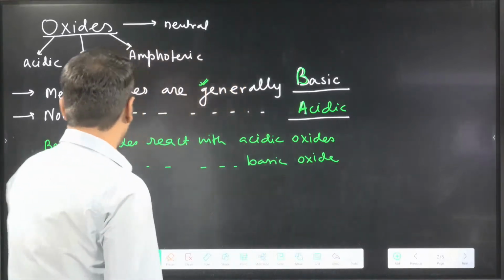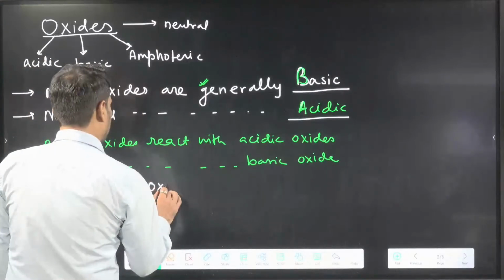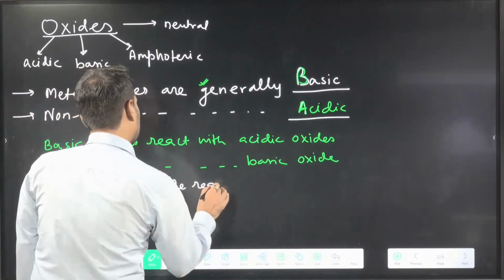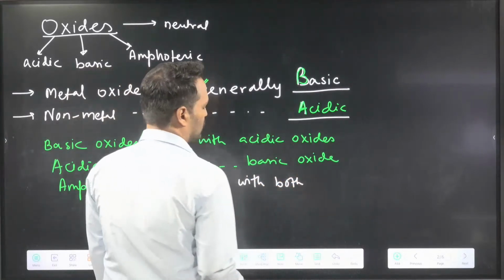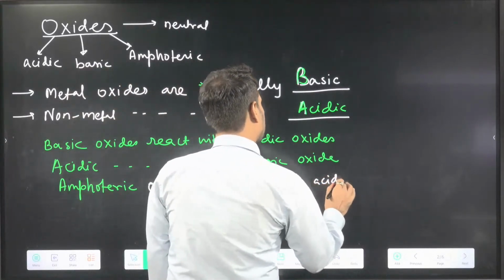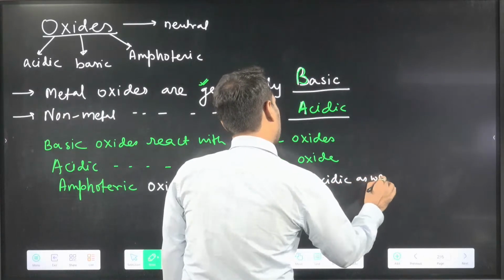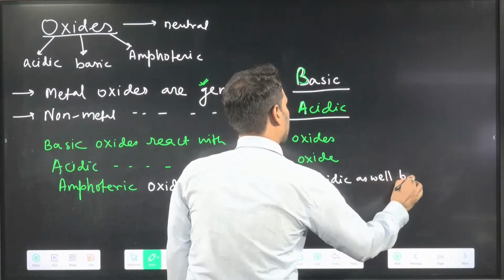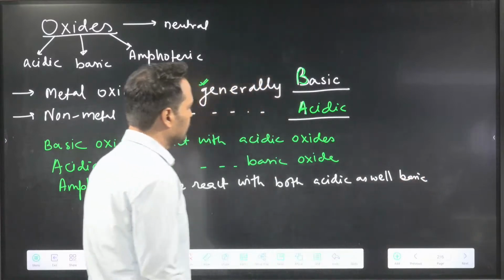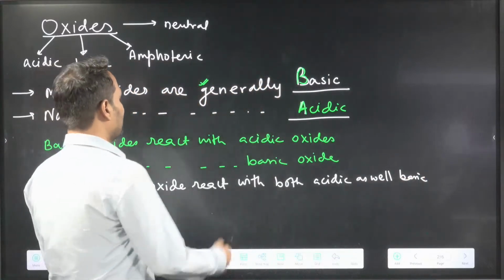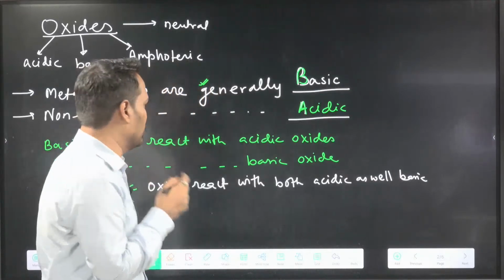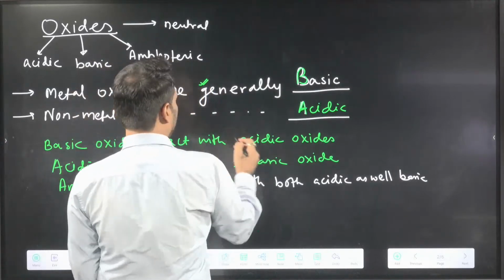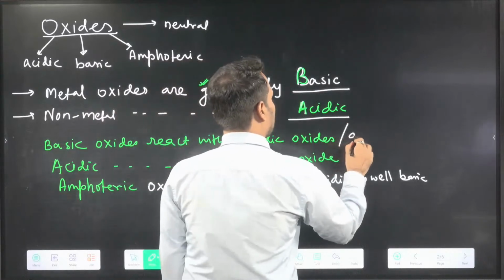Amphoteric oxides react with both acidic as well as basic. Or you can say it in this way: basic oxide reacts with acidic oxides, or you can say acids.